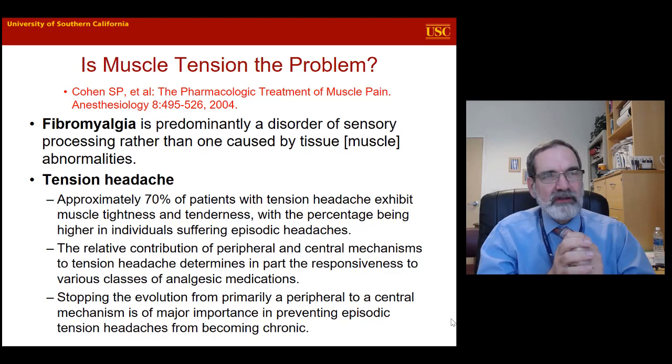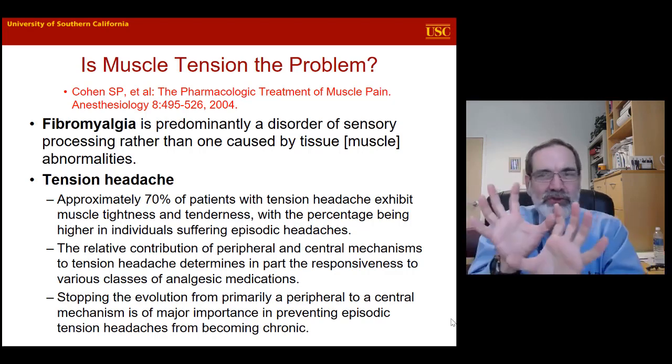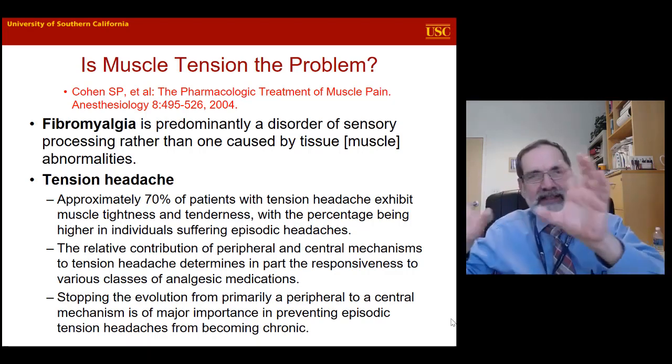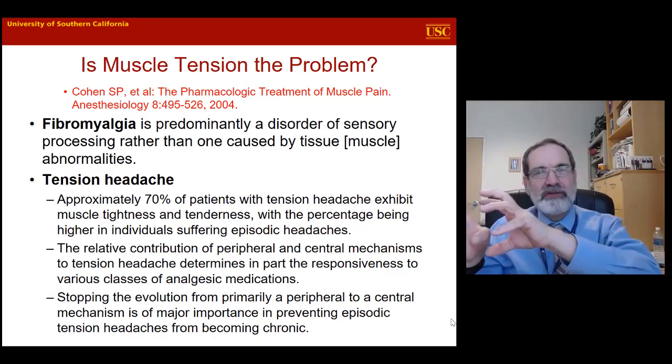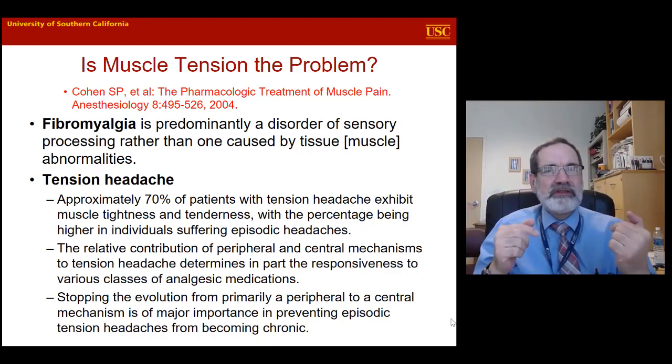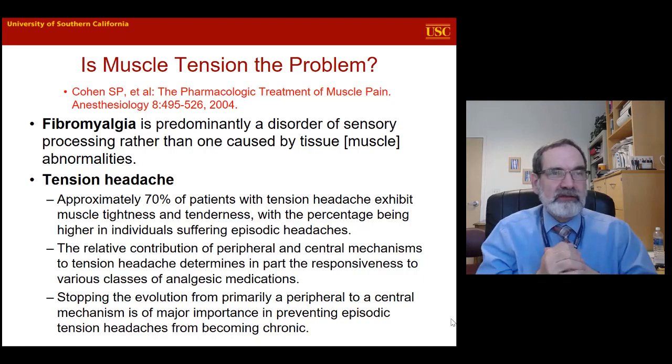And therefore, depending on each individual's mix, where they are on that spectrum from peripheral to central, we will see a different response to different medicines.